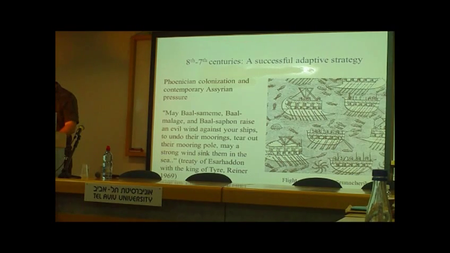Somebody could not run after all the Phoenicians to Tartessos, and you can see this flight of Luli before Sennacherib, how fantastic this is shown. And of course, Sennacherib does not immediately take a boat and have a boat chase.